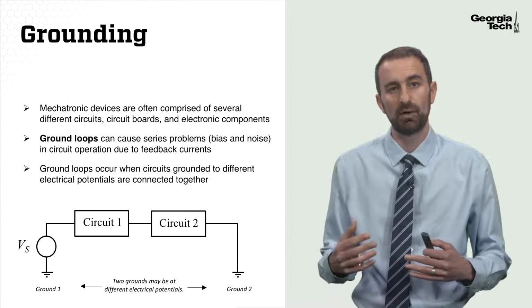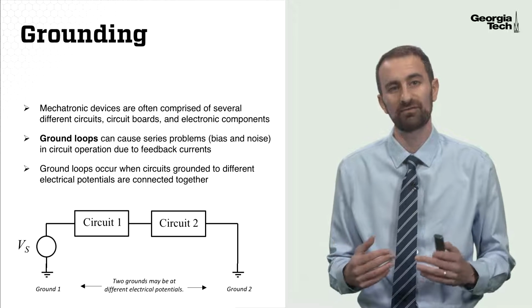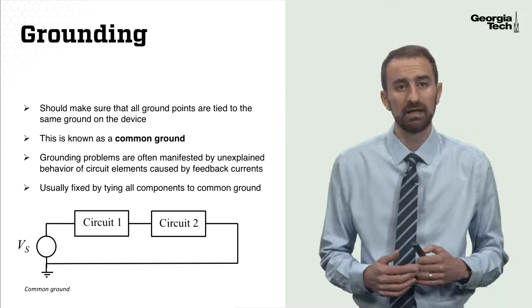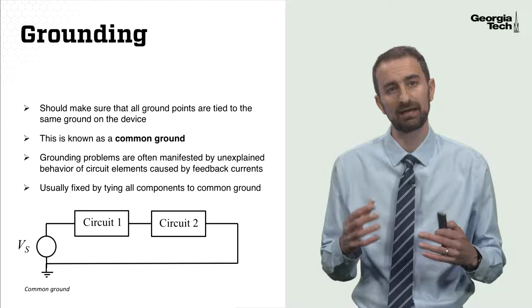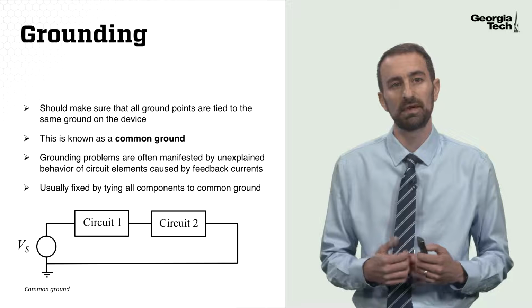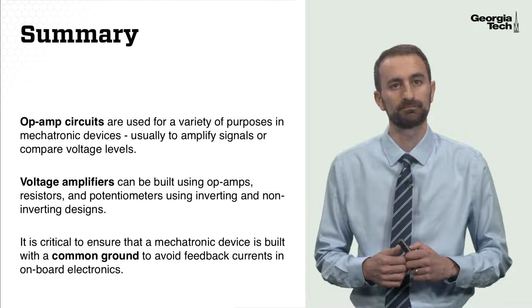This happens when these different circuit elements are grounded to different ground points at different electrical potentials. We can get what's called a feedback current. In order to avoid this, we want to connect all of our circuit components to a single common ground, which eliminates our feedback currents and usually will solve those types of problems.